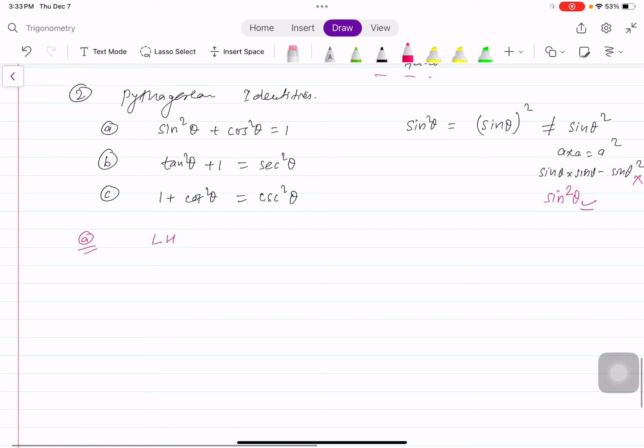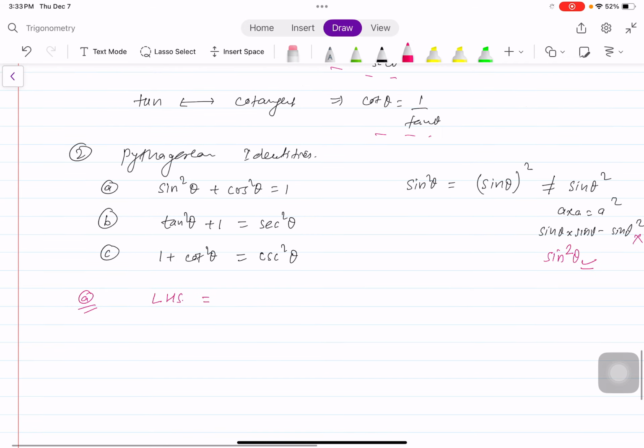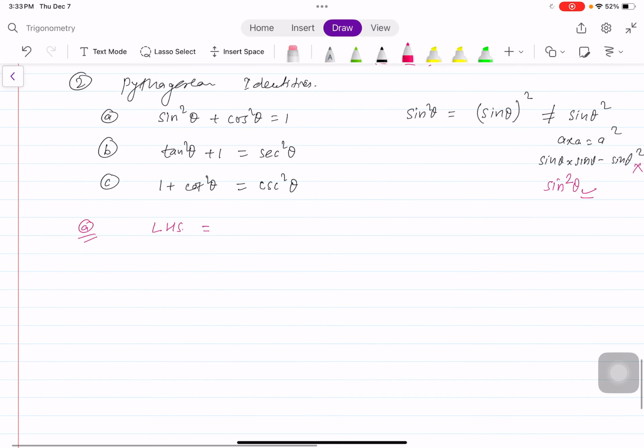Let's take the left hand side and try to get the right hand side. Let's denote the formula for sine theta as opposite over hypotenuse.